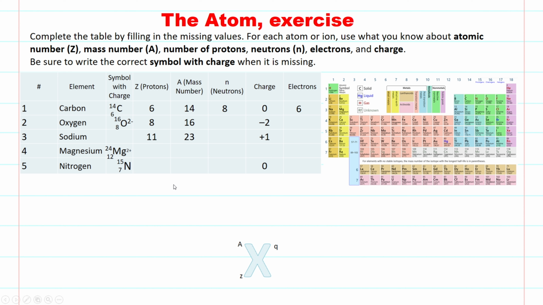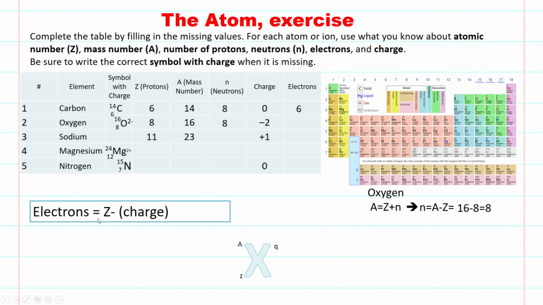Using the same formula, A equals Z plus N, and that gives N equals A minus Z. That means neutrons equals 16 minus 8 equals 8. 8 neutrons. The charge is minus 2. Remember, electrons equals Z minus charge. Just be careful.